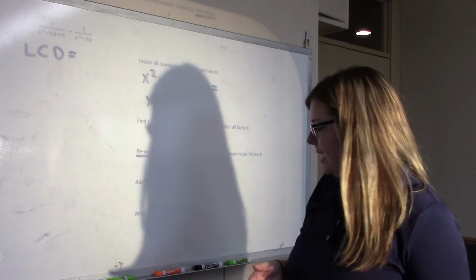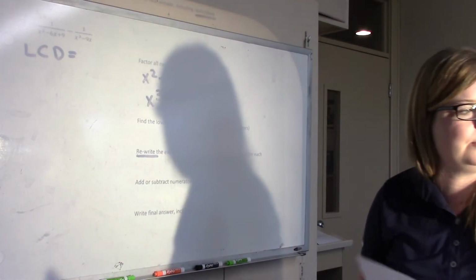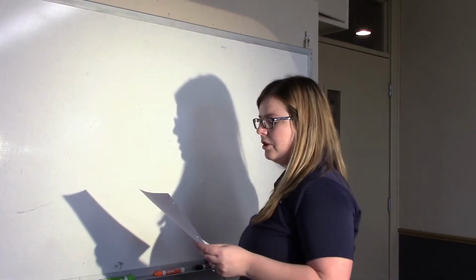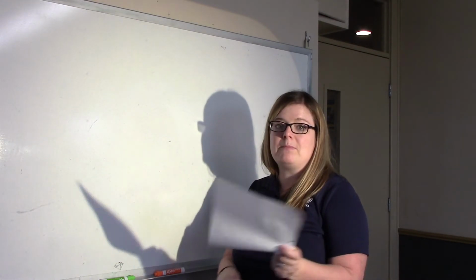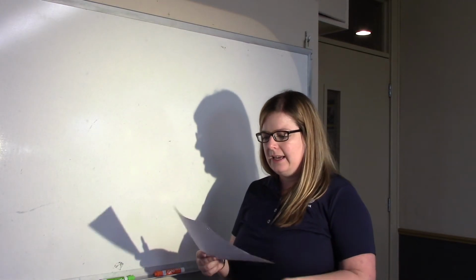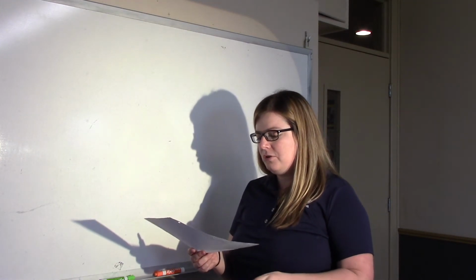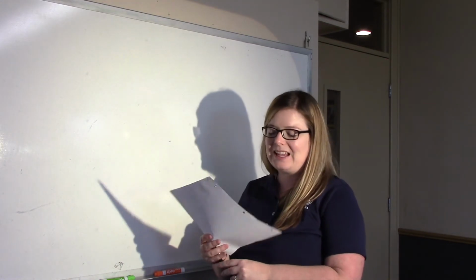So I'd like you to try the practice on the next sheet. Okay, I'm going to, in a moment here, write what the lowest common denominator is, and then the final answer so you can see how you're doing. Okay, only worry about A and B. If you want to try C, go ahead, but I'll be doing C in class. But A and B, you should definitely try. So pause the video now and try them.